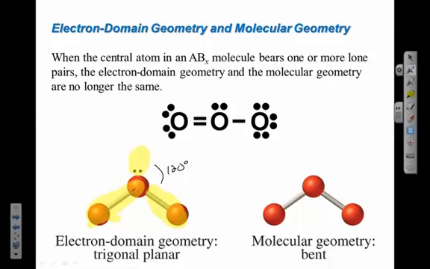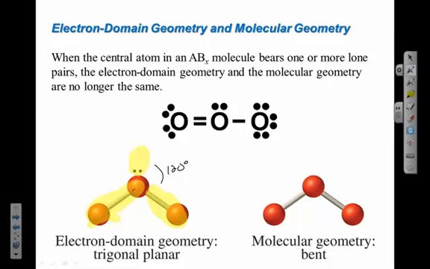But in this case, since not all of my electron domains were bonds, one happened to be a lone pair, the molecular geometry is not the same as the electron domain geometry. Once I realize that the lone pair is there, repelling, causing these to come down at an angle instead of being linear, I just look at where the atoms are, and I realize there's an angle there, and I can predict the angle should be about 120 degrees.